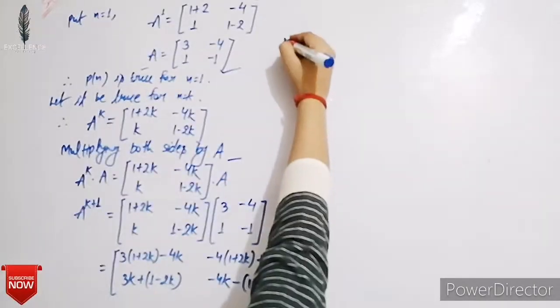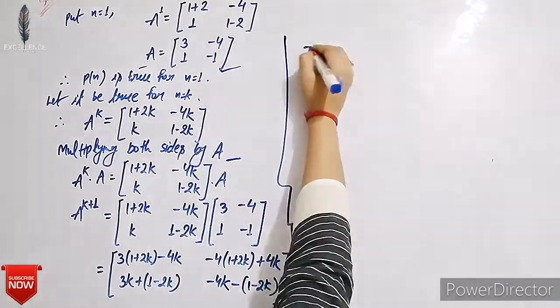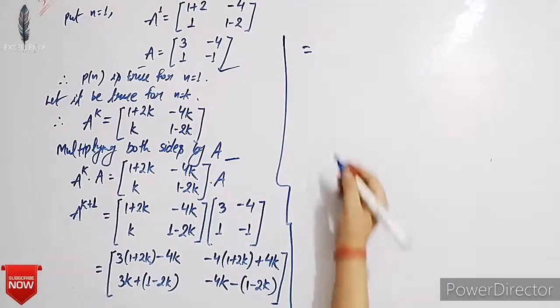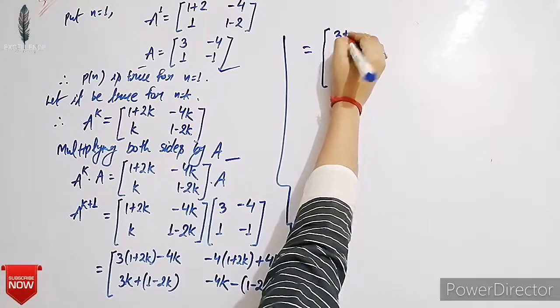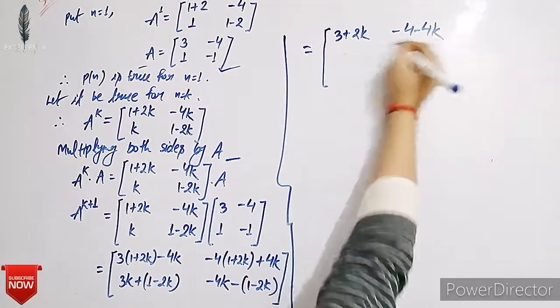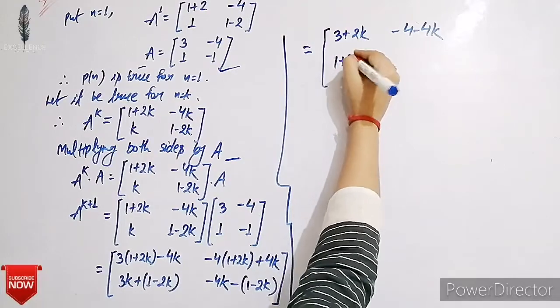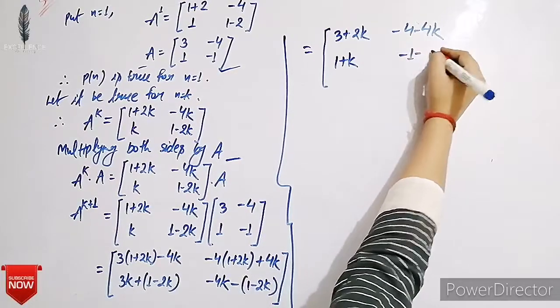Okay, on simplifying it, we have [3 plus 2k, minus 4 minus 4k; 1 plus k, minus 1 minus 2k].